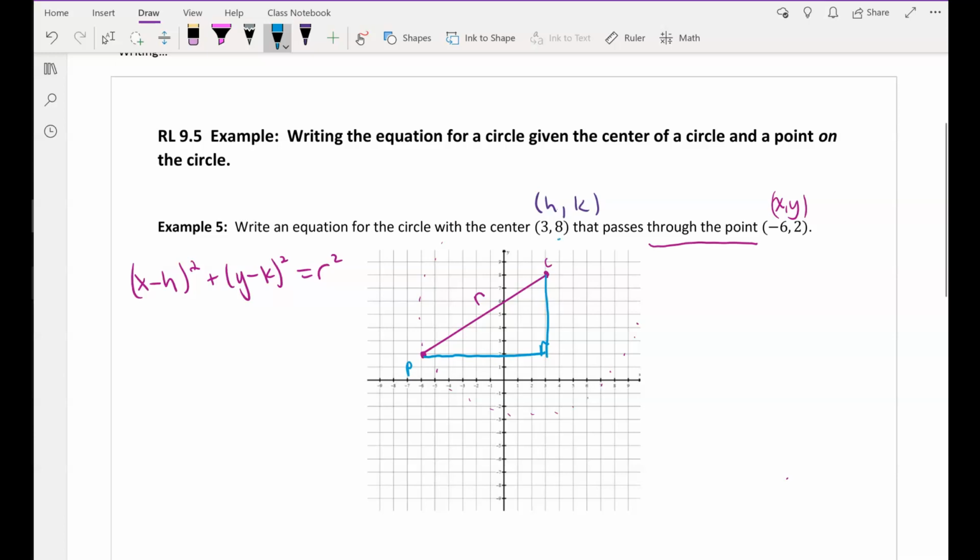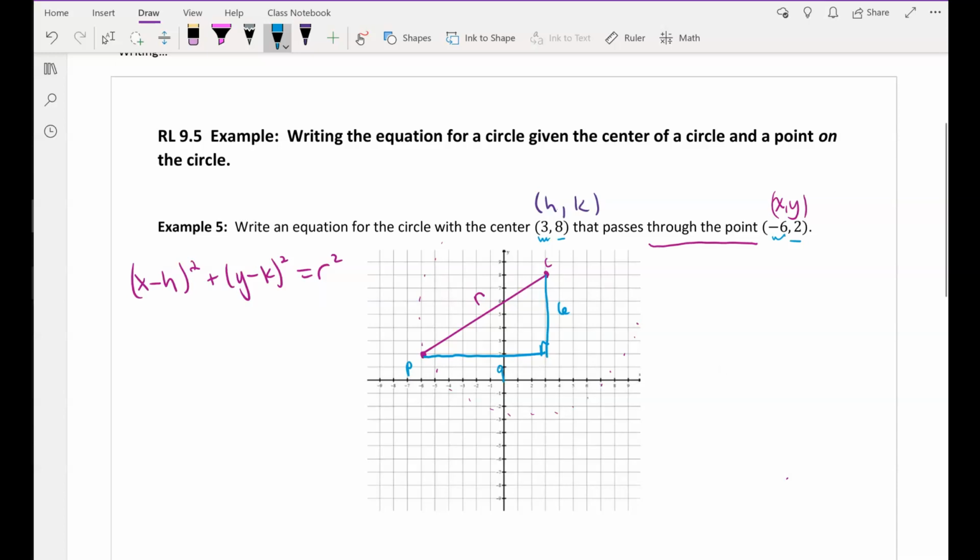So I can just do 8 minus 2 because I went from y equals 8 to y equals 2, subtract that, and that's going to be 6 units, or of course we could just count. And then the horizontal change, so the leg that's down here, is going to be 3 minus -6. So 3 minus -6 is the same as 3 plus 6, which is 9.